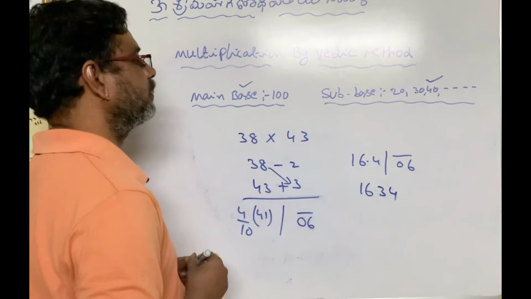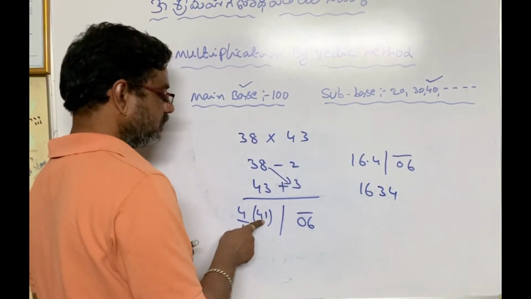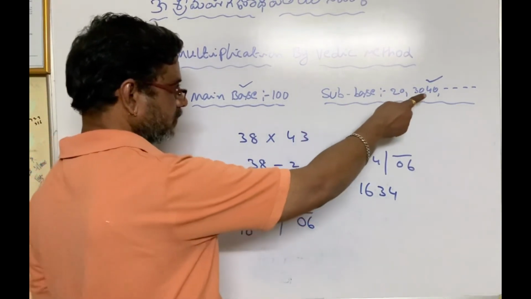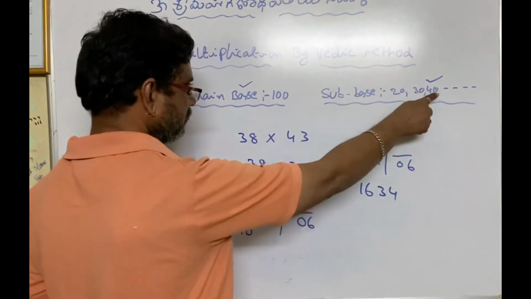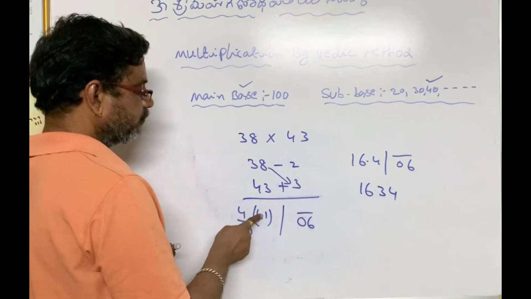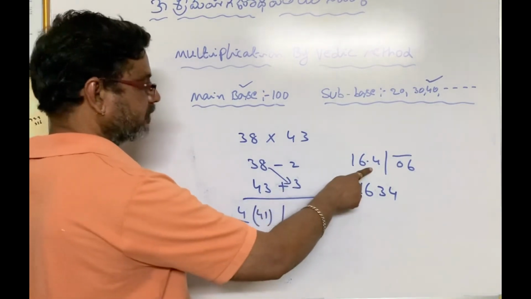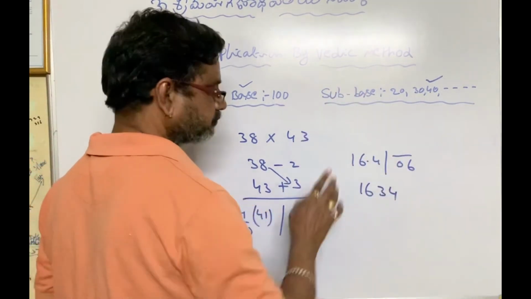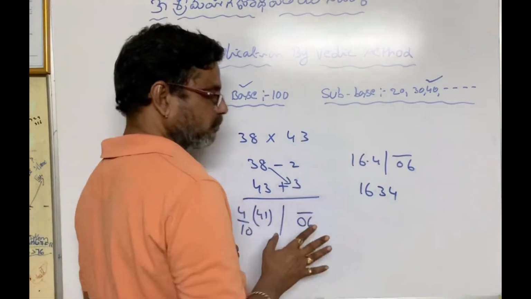Once again, 41 should be multiplied with the ratio of sub base and main base, 40 by 100, 4 by 10. So 4 into 41 is 164 by 10, 16.4 and 0.6 bar. It is 0.6 bar, not 0.6.